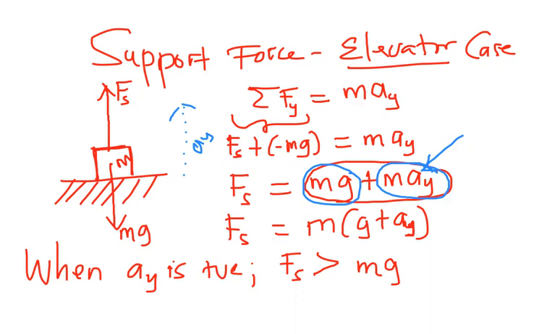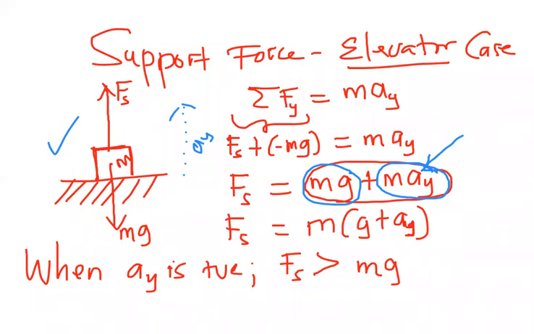And if the acceleration is positive, like in the case we analyzed here, like accelerating upward, the support force is larger than the weight of the box. If the acceleration is negative, the support force is less than mg.